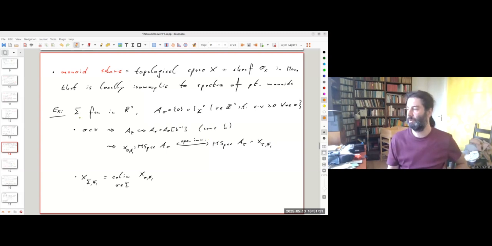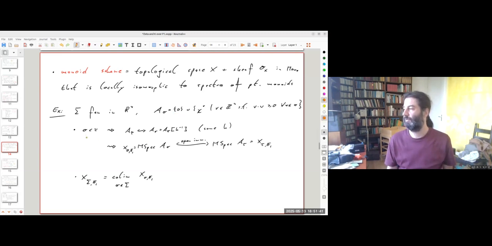But to revisit the motivating example, if we have a fan of a toric variety in R^n, then now we would define A_sigma as the semigroup or monoid that I said before, but we add 0 because we want to work with pointed monoids.